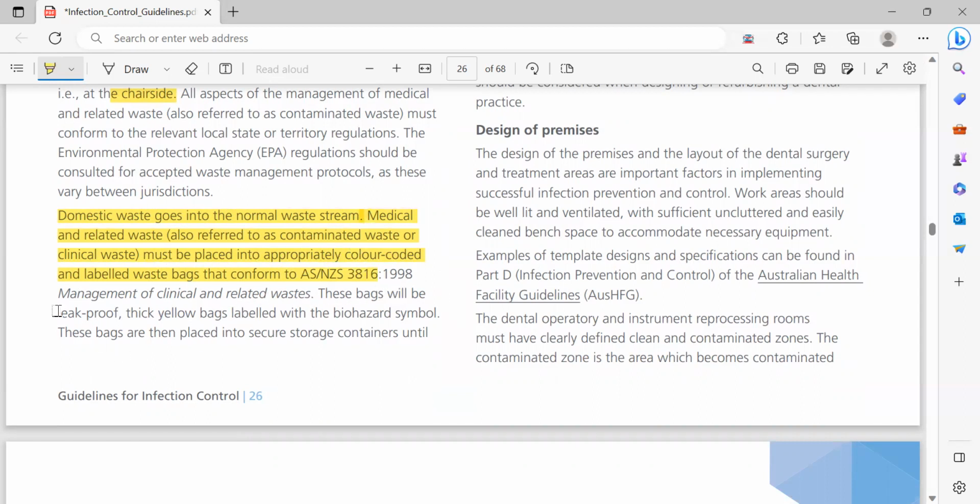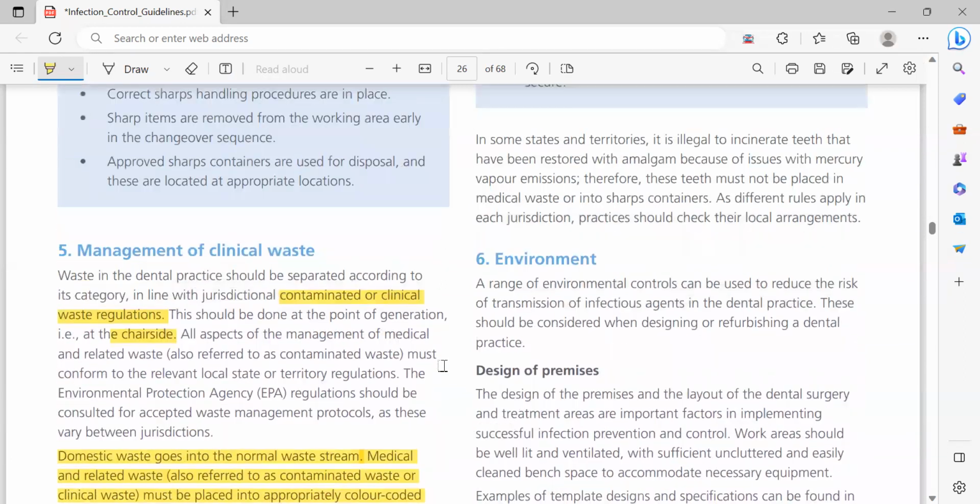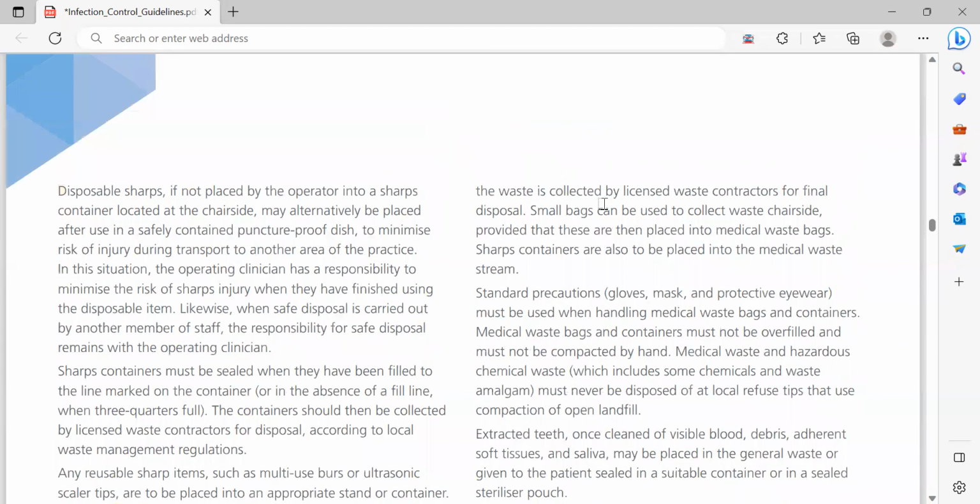These bags will be leak proof, thick yellow bags labeled with the biohazard symbol. The medical waste goes into these bags.